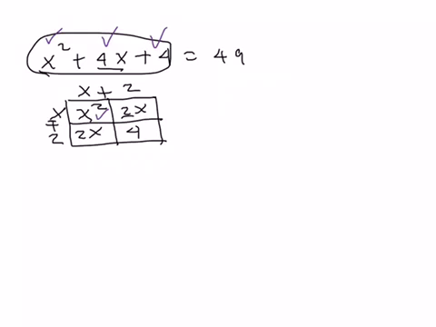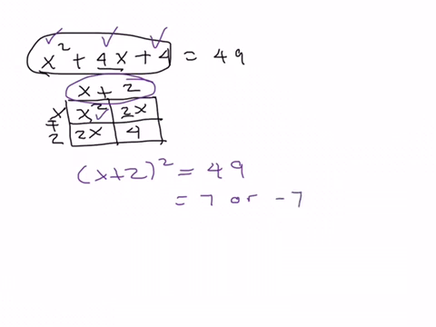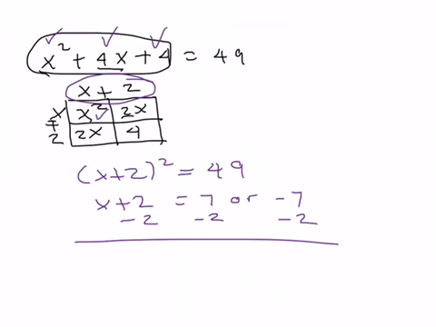We can write this as x plus 2 squared equals 49. And we know how to solve that, because something squared equals 49 means that thing is either 7 or negative 7. So x plus 2 equals 7 or negative 7. Subtracting 2 from everything, I get x equals 5 or negative 9.